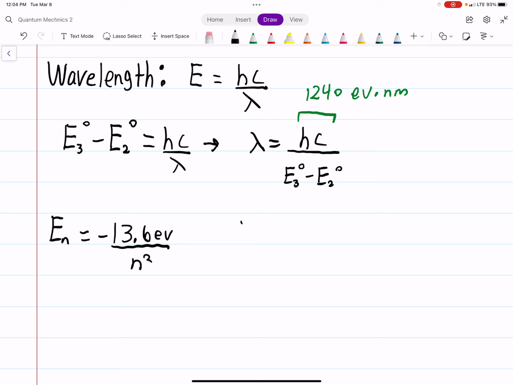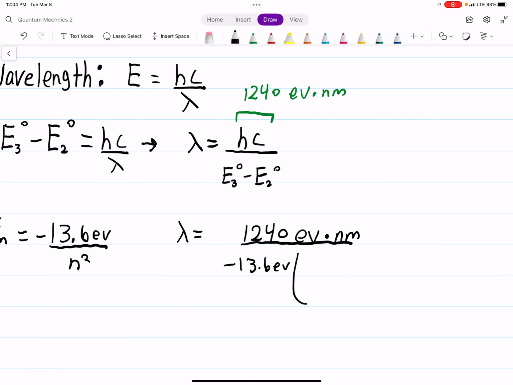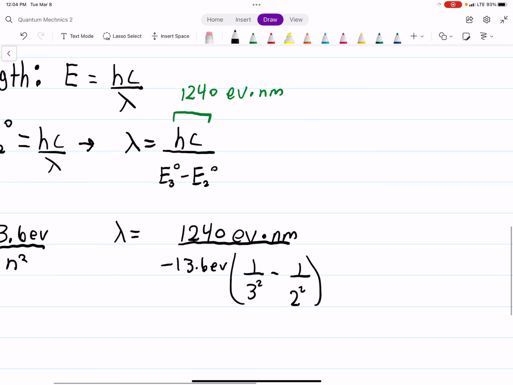So lambda equals 1240 electron volts times nanometers divided by minus 13.6 electron volts times 1 over 3 squared minus 1 over 2 squared. Okay, so far looks good.